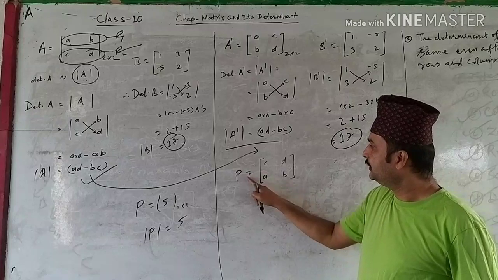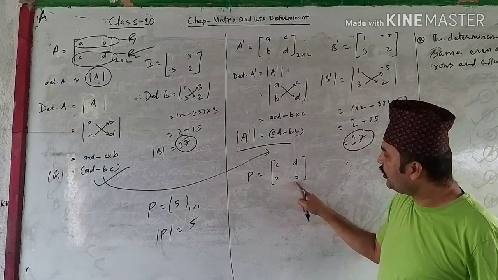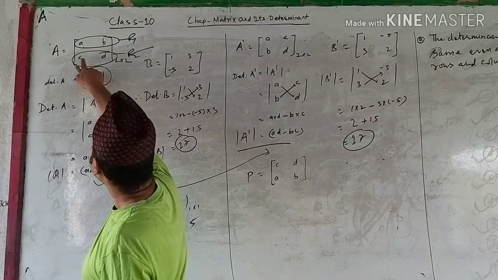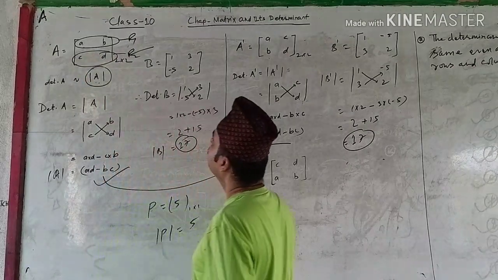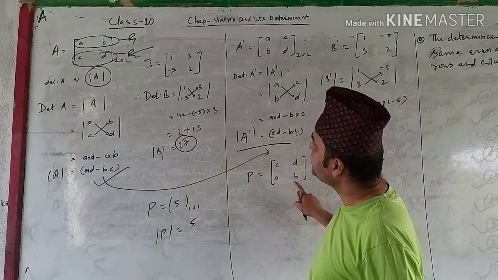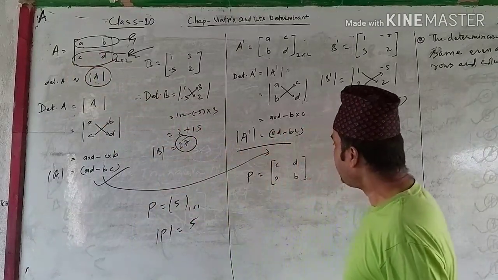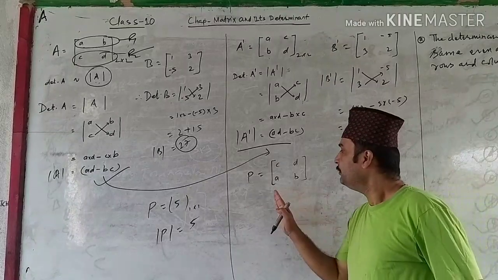So the first row of matrix P is CD, which is in the second row of matrix A, and the second row of P is AB, which is the first row in matrix A. Now, how do you find the determinant of matrix P?